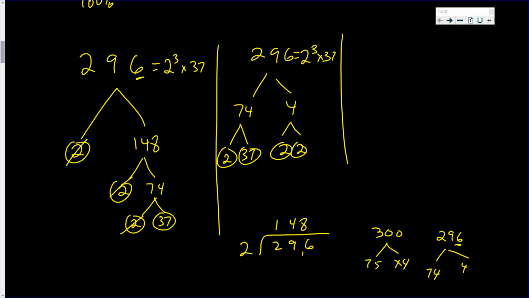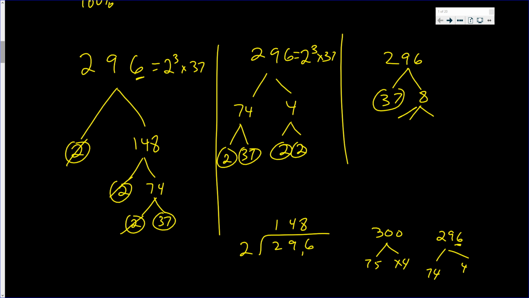Or another student could say that this number is 37 times 8. And 37 is prime, 8 is not.